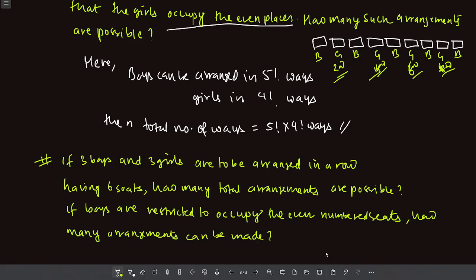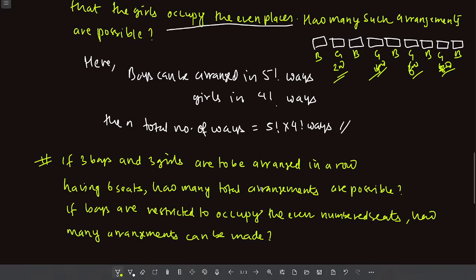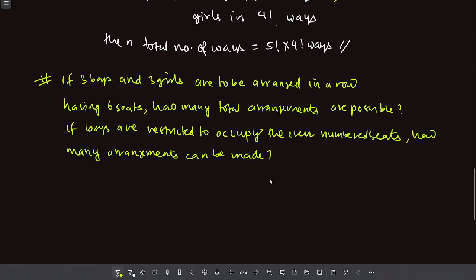Okay, let's discuss this. Three boys and three girls are to be arranged in a row having six seats. Now, how many total arrangements are possible? And next question is, if boys are restricted to occupy the even numbered seats, how many arrangements can be made?